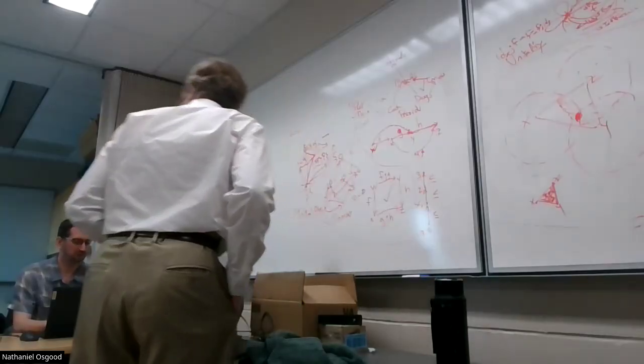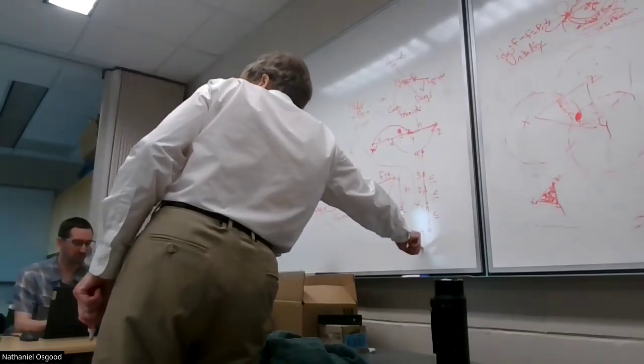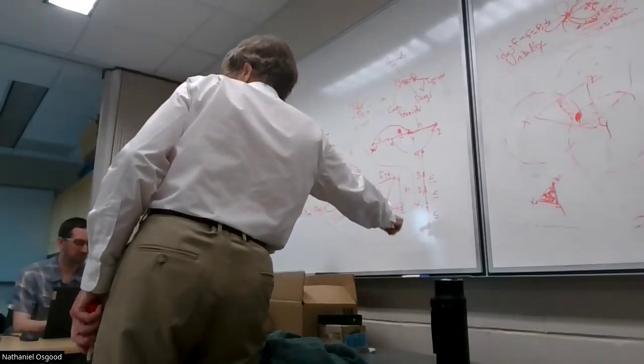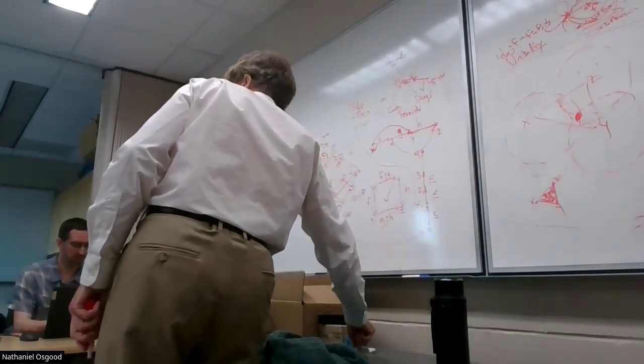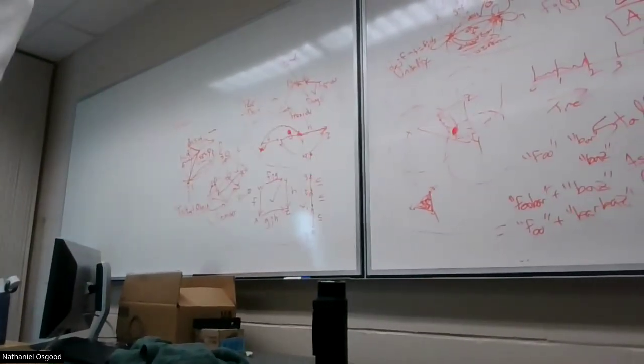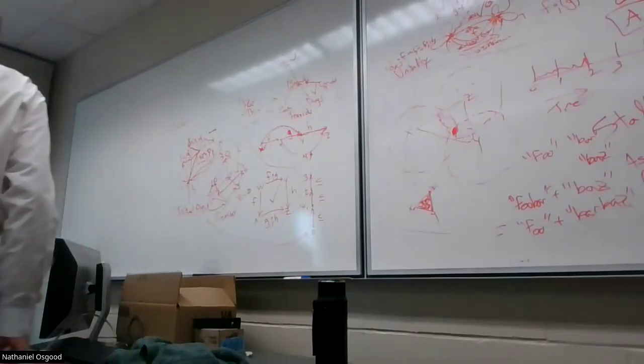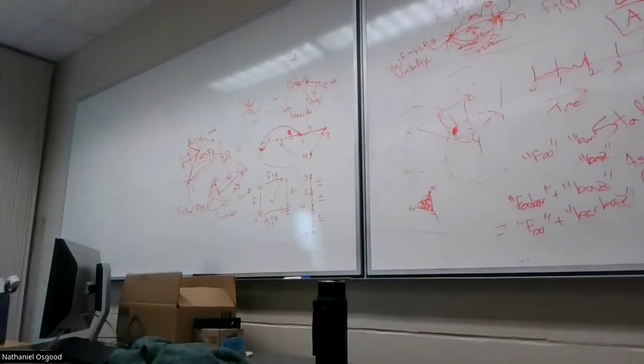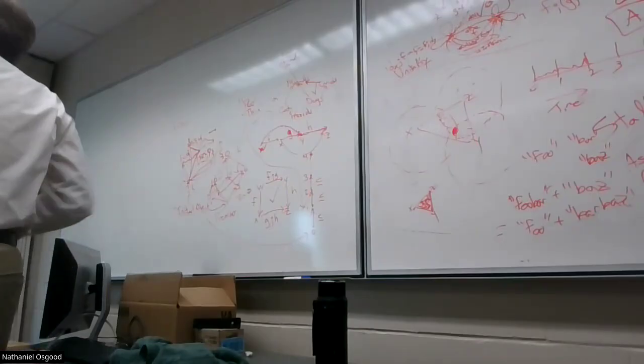Let me ask this. If this were not natural numbers, but integers, would it have an initial object? No, because there's no limit to the lower side of the integers.